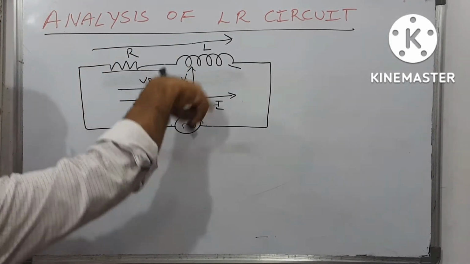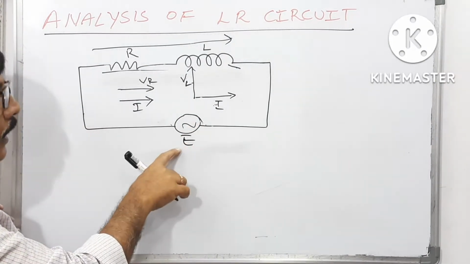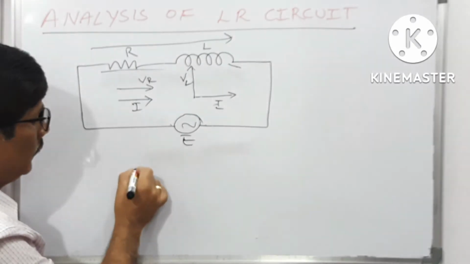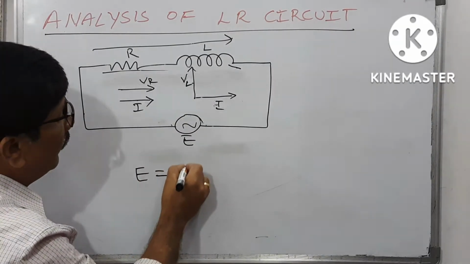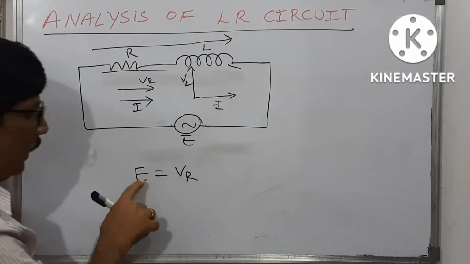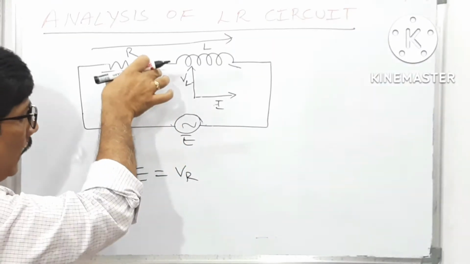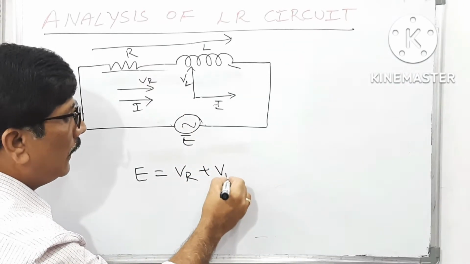if you see the combined effect of this, the electromotive force at any instant of time in the circuit is equal to VR square. You know, electromotive force or potential difference, both are same, or voltage. Voltage across the resistor plus voltage across the inductor.